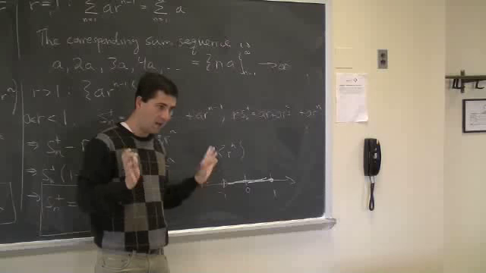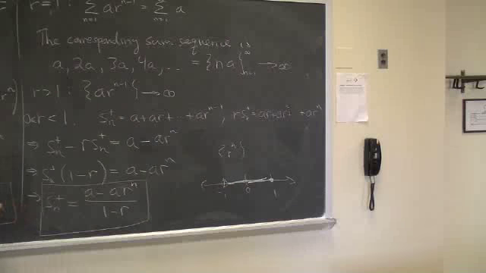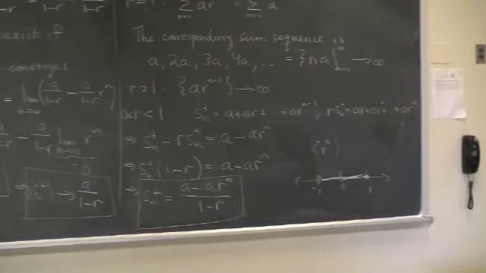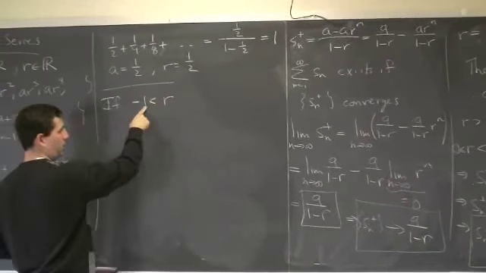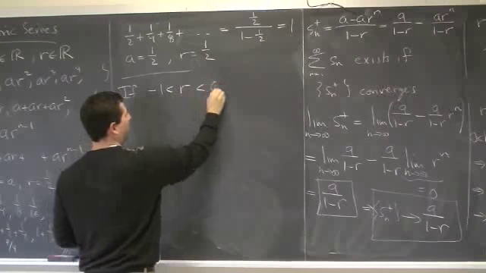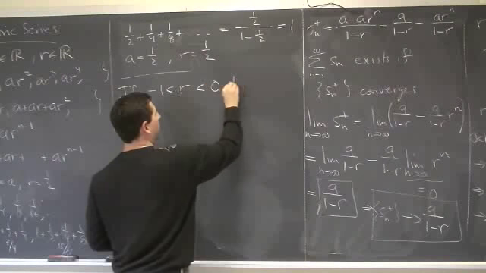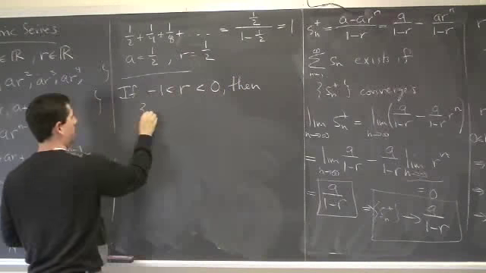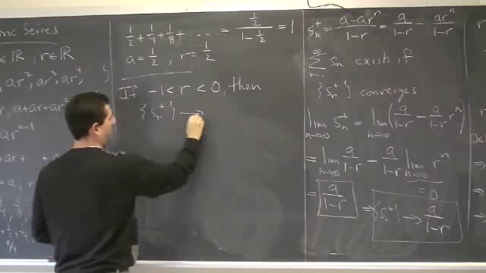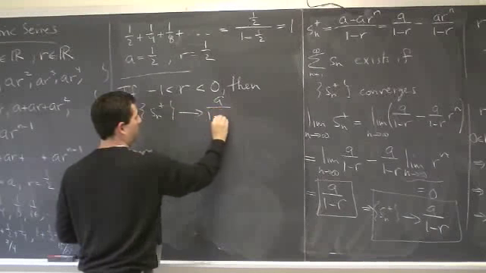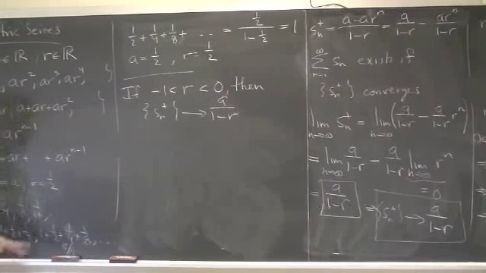So exactly the same argument will show that if r is greater than minus 1 and less than 0, then Sn plus still converges to a over 1 minus r. There's no change in the argument.